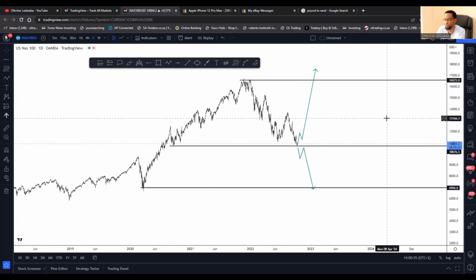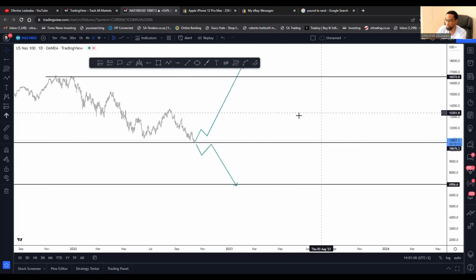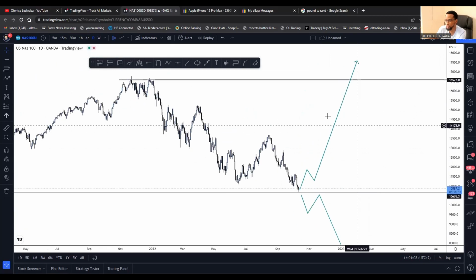So don't get confused as you go to a lower time frame, because the closer I go to a smaller time frame, you see a little more candles. So let's see what is currently happening.